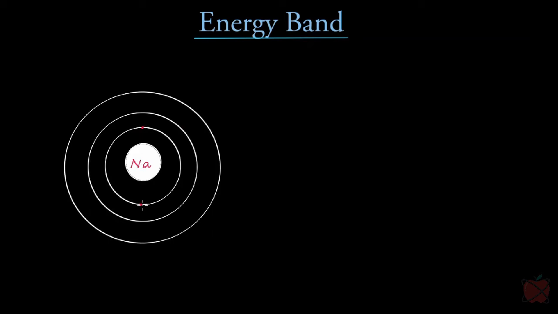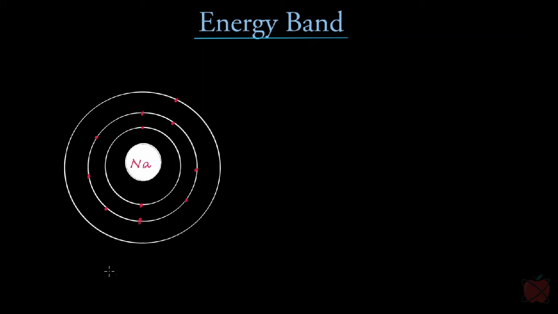Let's say those two electrons. Then we have 8 electrons out there. And then we have the last electron, right? Because the number of electrons in sodium is 11.